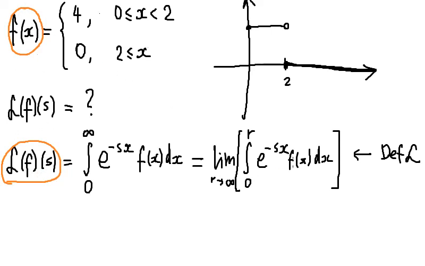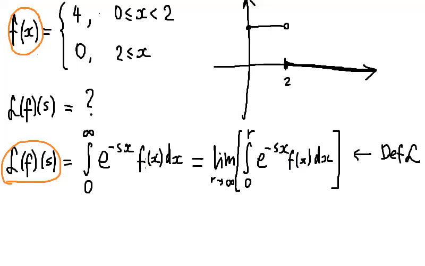However, if I do want to carry out the substitution inside the integral, I would have to decide what to put in place of f of x. Should it be 4 or 0? And the problem is that sometimes it's 4 and sometimes it's 0.